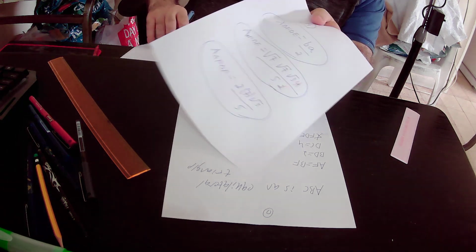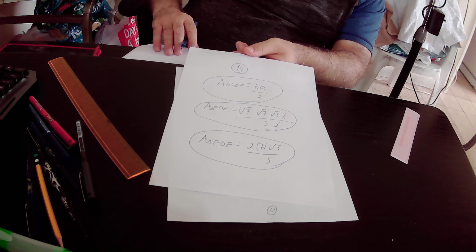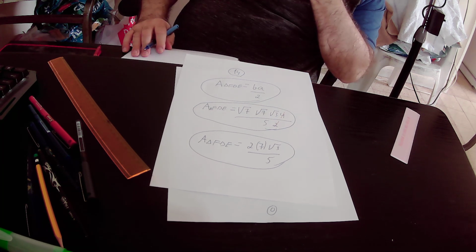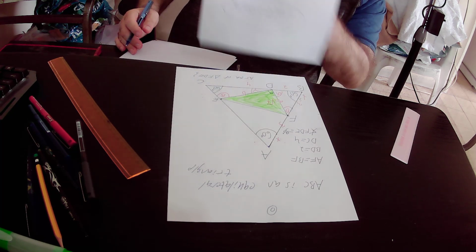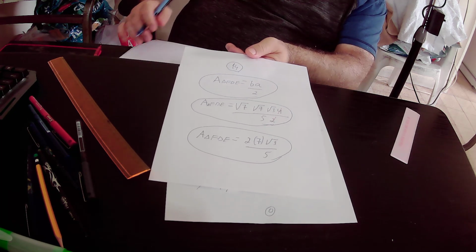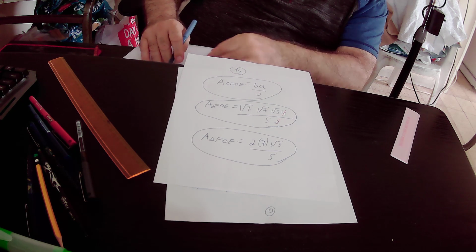So we got that the area of the green triangle FDE equals 2 times 7 times root 3 over 5. 2 times 7 is 14, so I write it down.